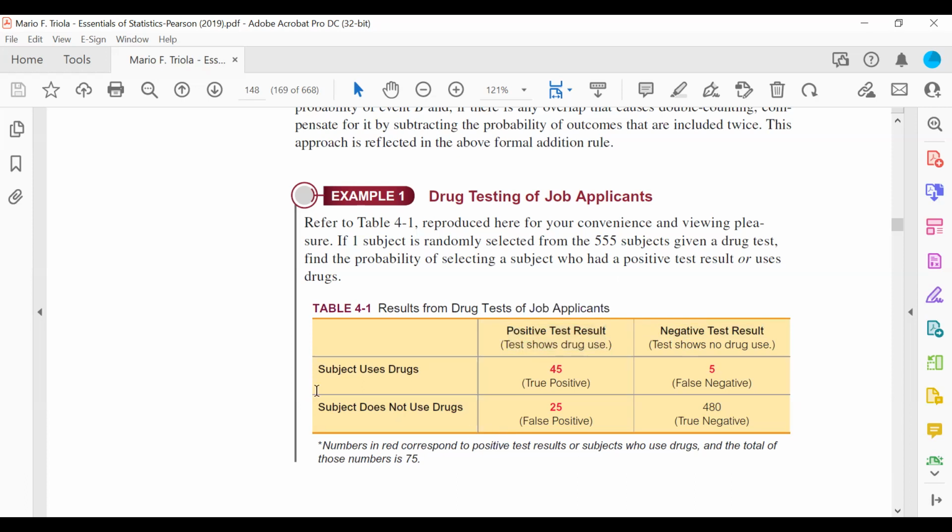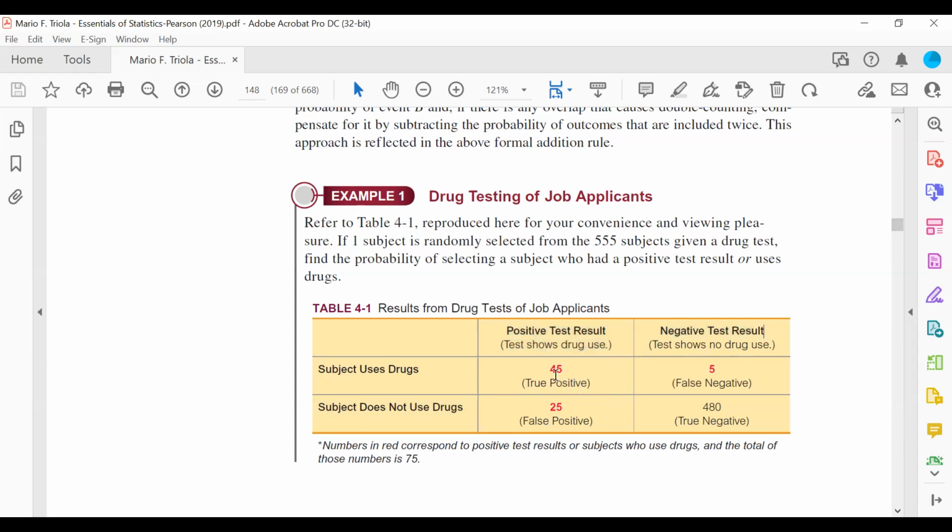Now the row categories: subject uses drugs, subject does not use drugs. They asked the applicants, have you ever used drugs? Either they said yes or they said no. So these two rows represent the responses the applicants stated, whether they did or did not use drugs. Here are the results. So you have columns labeled, and you have rows labeled. All right.